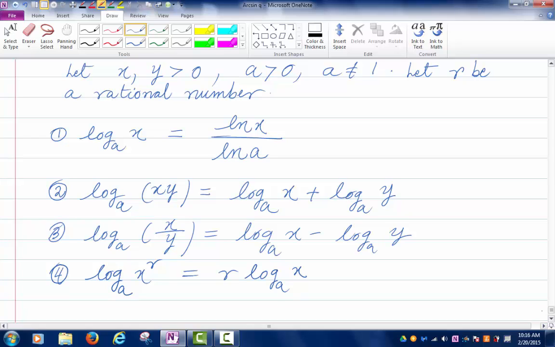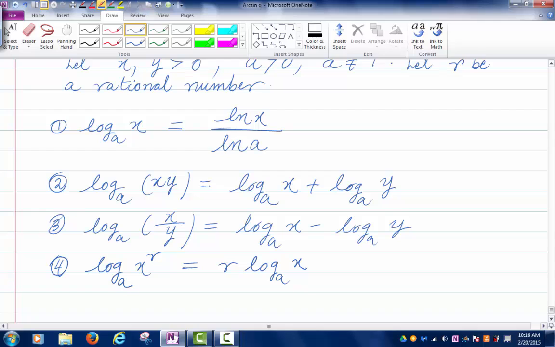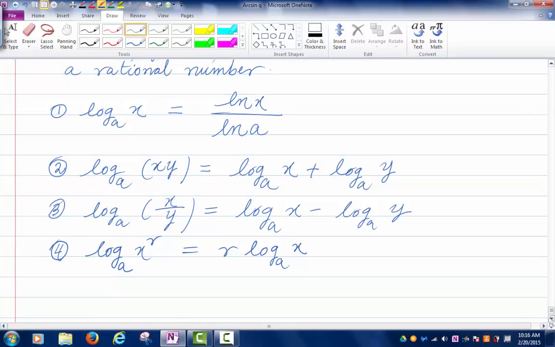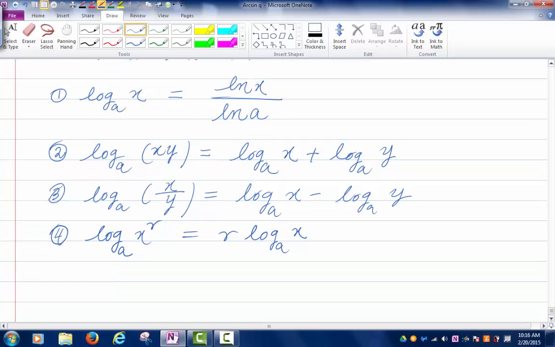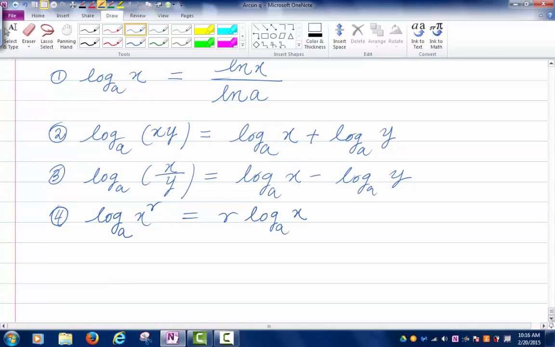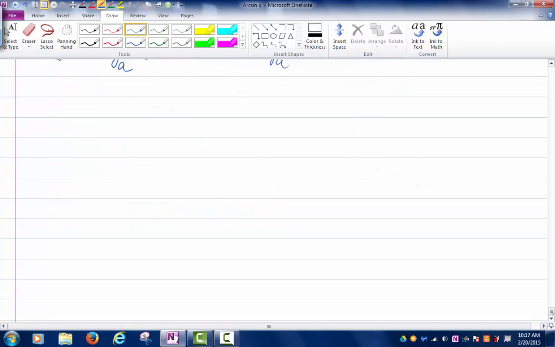Okay, so let me write that down. Number 1 implies that if I take the derivative with respect to x, I could calculate the derivative of log base a as before when I calculated the derivative of any inverse.